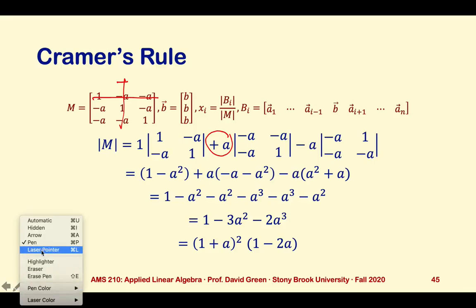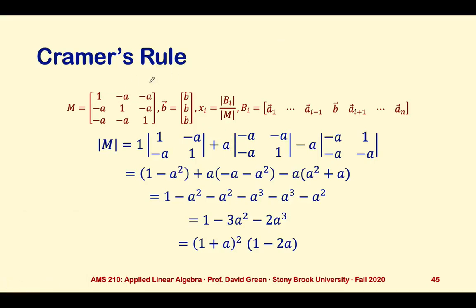And thirdly, we have the positive sign, so plus negative a for our coefficient, and the determinant of the matrix when we delete the first row and the third column, shown here.